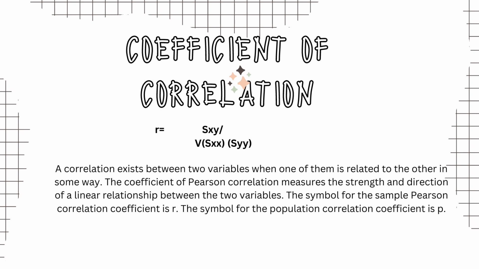A correlation exists between two variables when one of them is related to the other in some way. The Pearson correlation coefficient measures the strength and direction of a linear relationship between two variables. The symbol for the sample Pearson correlation coefficient is r. The symbol of the population correlation coefficient is rho.